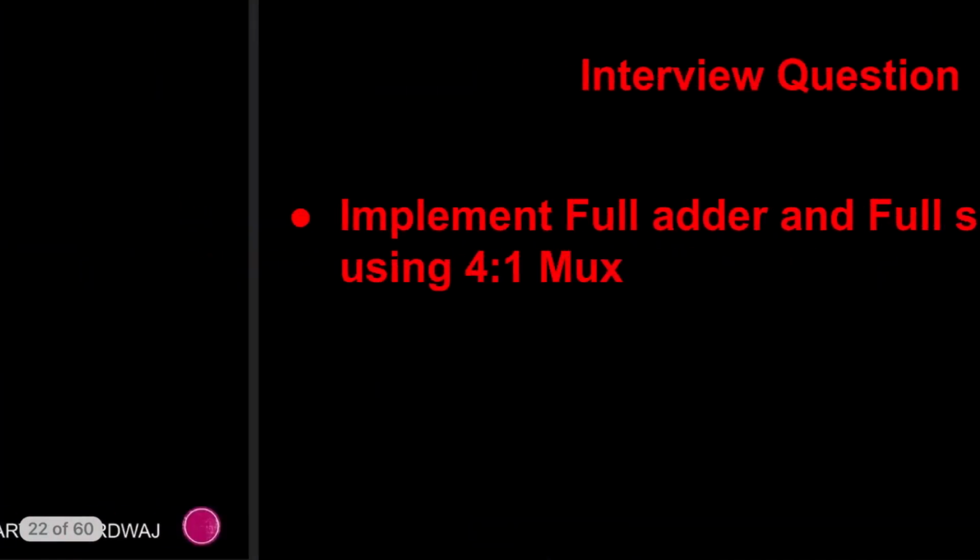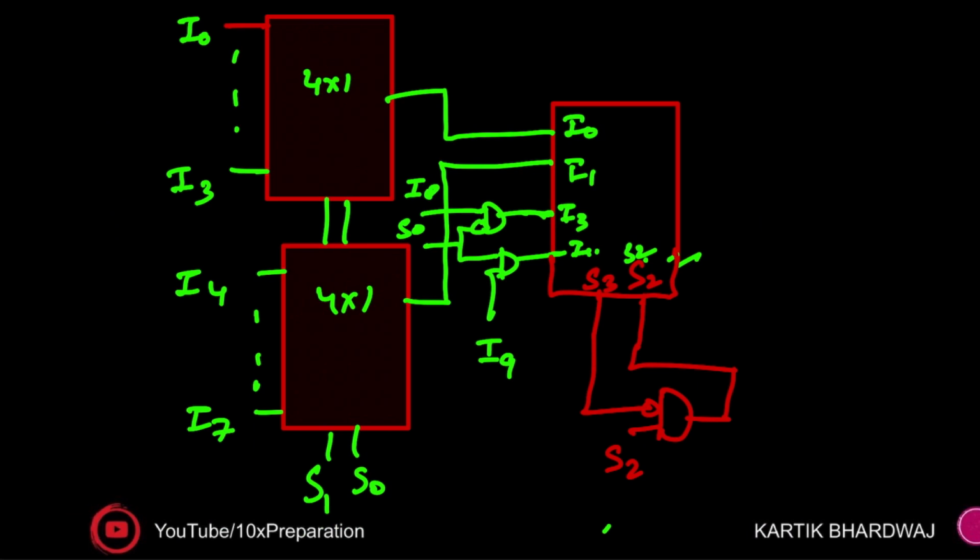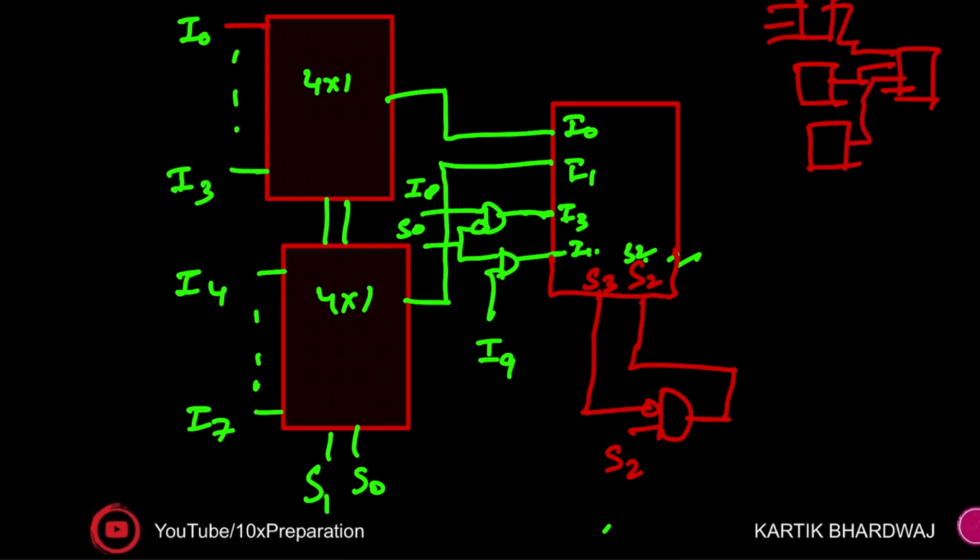Otherwise you can also do it like this: you just make 3 4 cross 1 muxes. You can take one extra mux, and you need to put one free, don't care. Again you need to select 3 lines over here. From this, 4 pins are there, 4 pins are also there, 4 pins are there, but only 2 have been used.